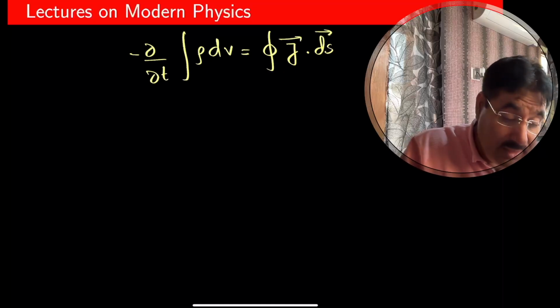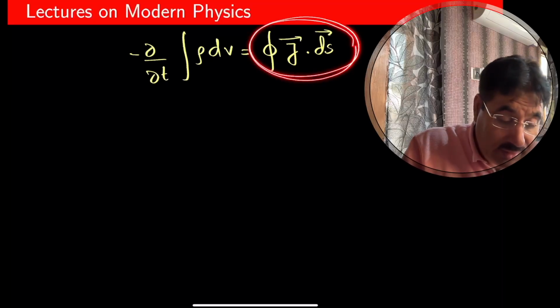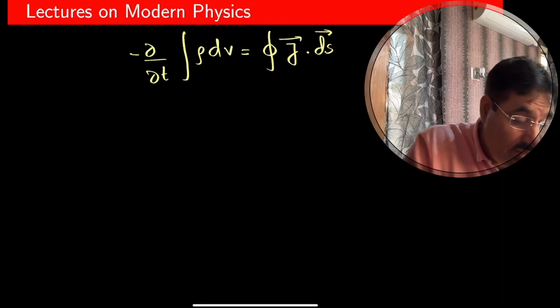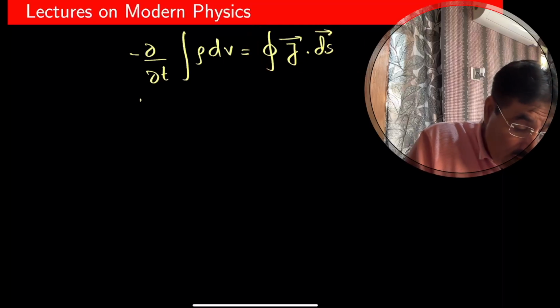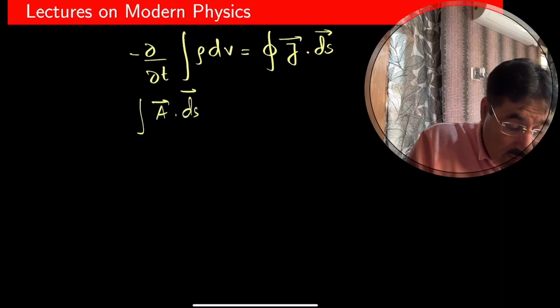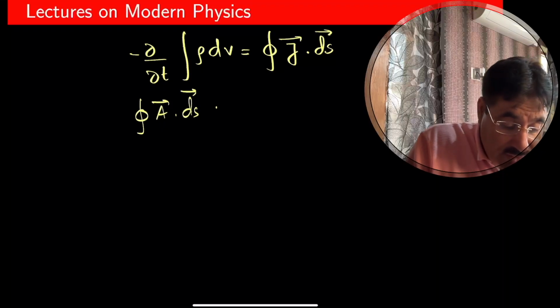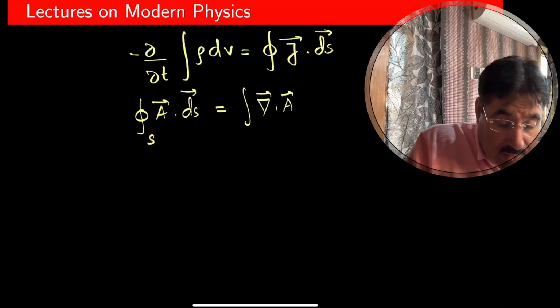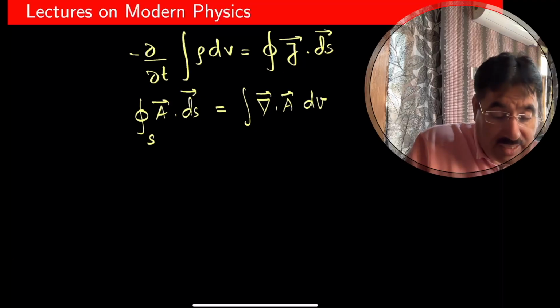So now what was our problem? Our problem was how to convert this into a volume integral. For that, we know that there is what's called the divergence theorem. That is, if we take any vector field, its flux over a closed surface is equal to the divergence of that field over the volume enclosing that surface.